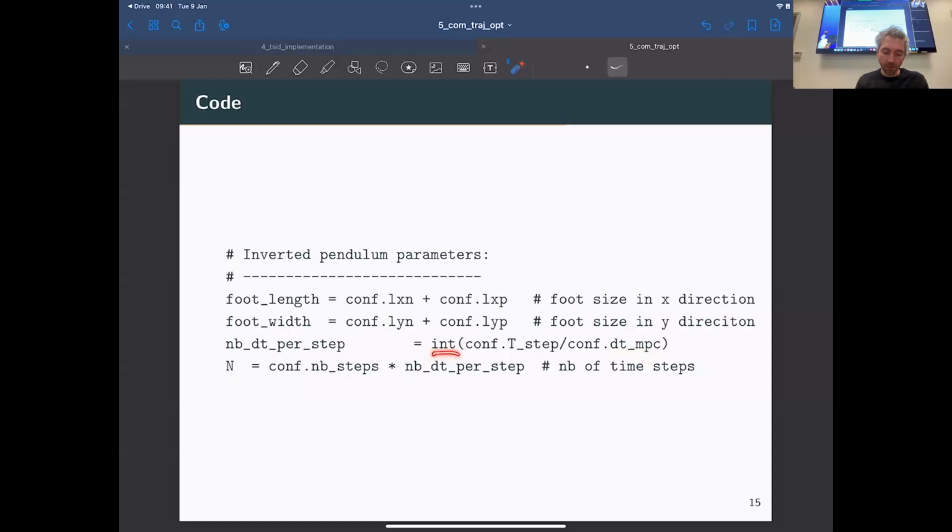And that gives us the number of time steps per one footstep. And then the total number of time steps of my trajectory optimization problem is going to be the number of steps times the number of time steps per footstep. Okay, I'm just computing how long my horizon is going to be, basically, starting from the duration of one footstep and how many footsteps I want the robot to take.